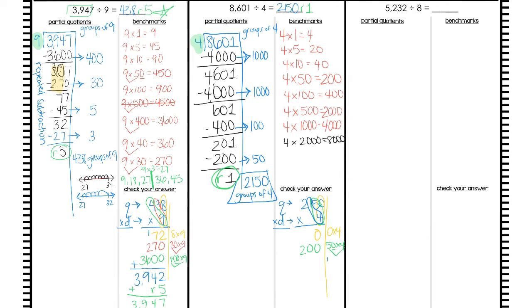So we have 100 times 4 is 400. And lastly, we have our thousands times 4. 2,000 times 4. That means 3 zeros, and then 2 times 4 is 8. If we add that up, we get 0 1s, 0 10s, 600s, and 8,000s. But we started with 8,601, so we need to add our remainder of 1.